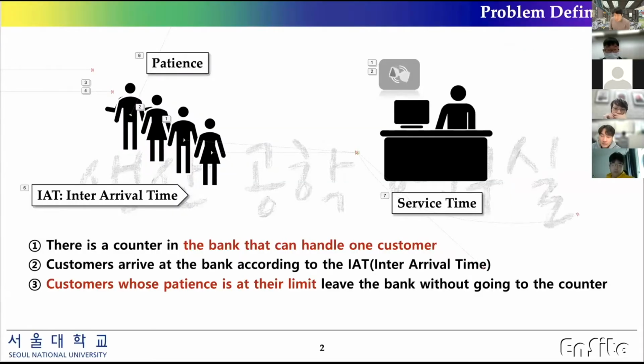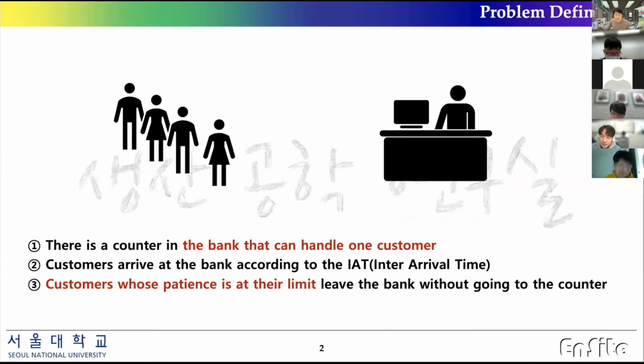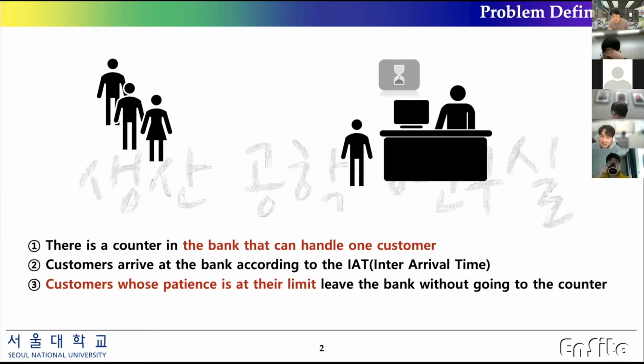The name of this example is Bank Renege. Firstly, let's see the animation. It is about the bank system. The customer arrives at the bank and does his jobs, and sequentially, the arrived customer goes to the counter.